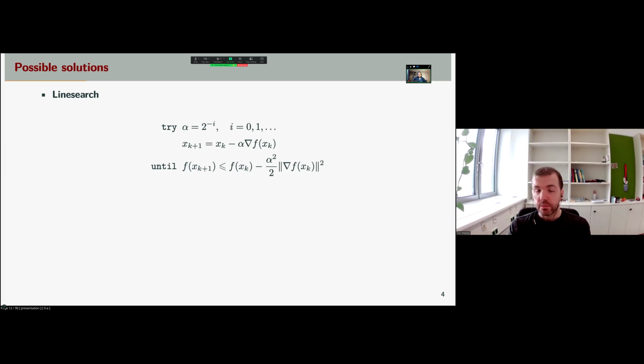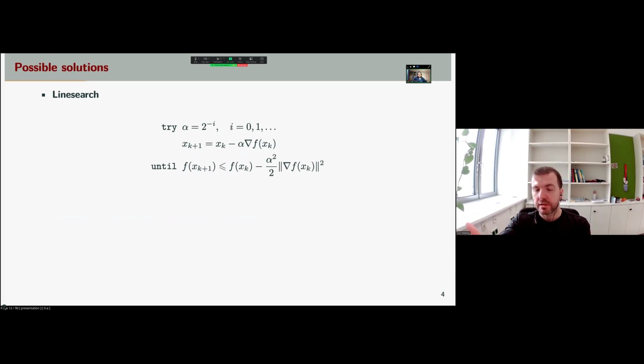You take anything, start from it, do gradient descent, and check whether some inequality holds. Because if this inequality holds, that's exactly why you need the step size small enough. So if it holds, then you accept the step size that you guessed, and you continue to the next iteration.